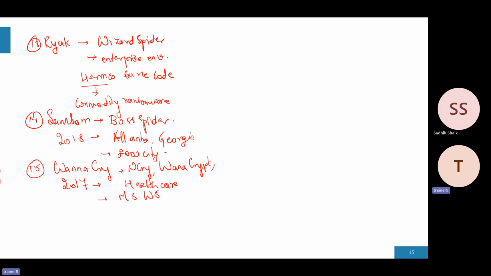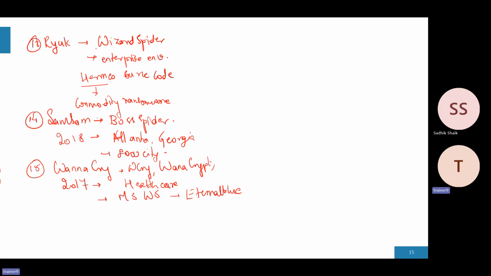An exploit was identified within Microsoft Windows, called EternalBlue, related to file sharing, and because of which that vulnerability was exposed and the ransomware was allowed to spread using it.